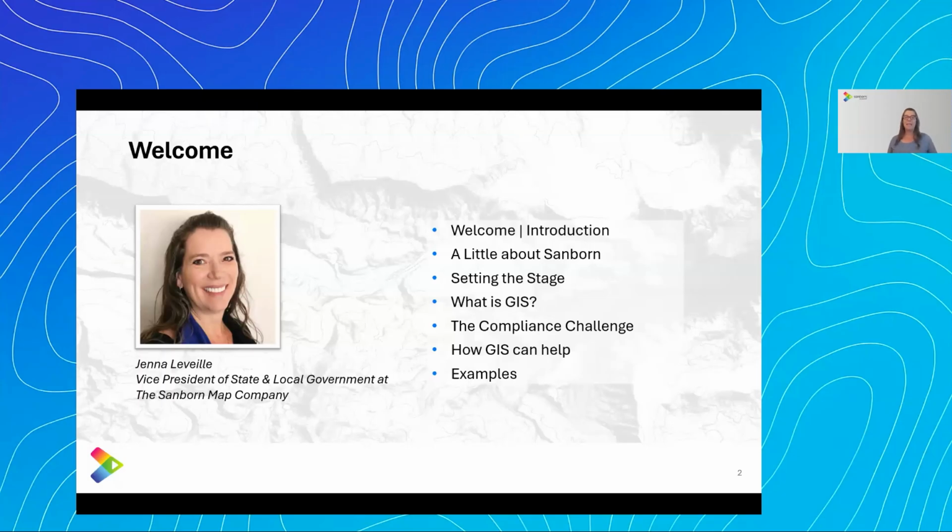So a little about me. Michael already introduced me and gave my title. I've been with Sanborn for almost 2 years now, and previously I was with state government. So the vast majority of my career has been with government. I was previously the deputy state cartographer for the Arizona State Land Department.